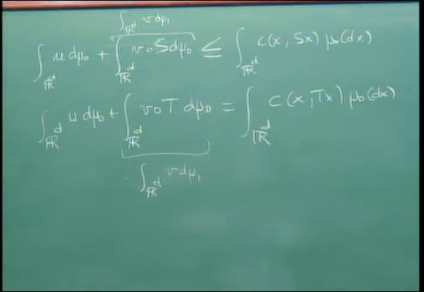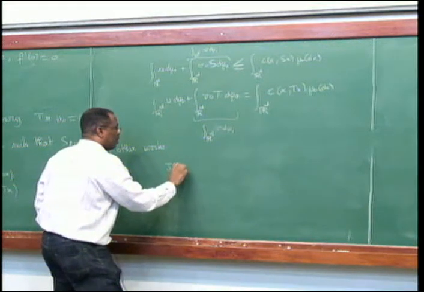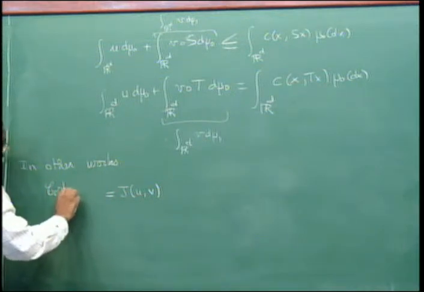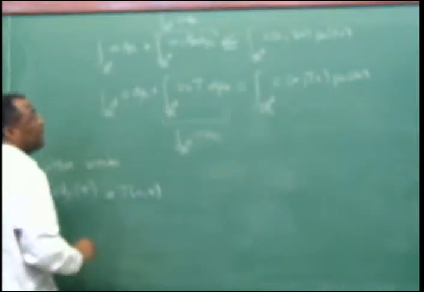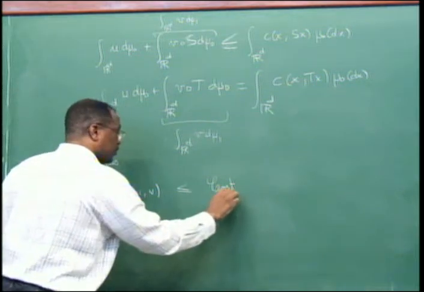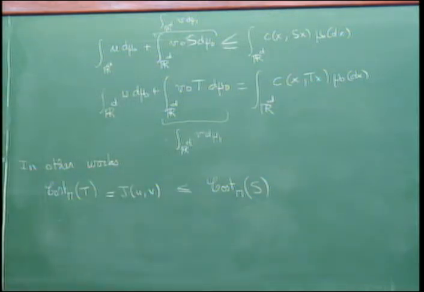In other words, I have J of (U, V) equals the Monge cost of T and is less than or equal to the Monge cost of S. So we have established duality, and we have proven existence of a minimizer.